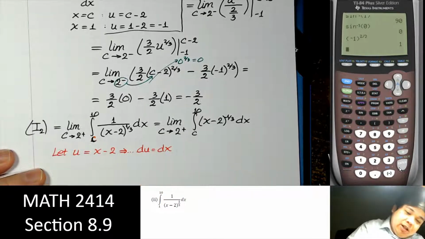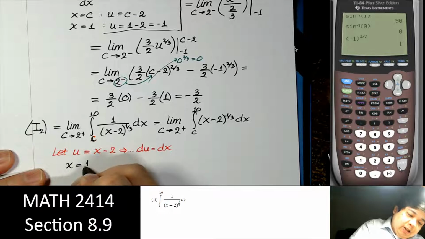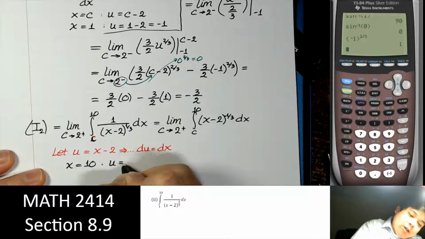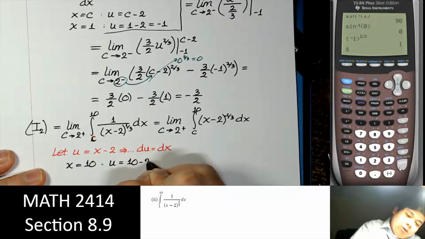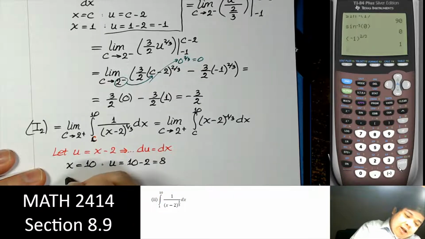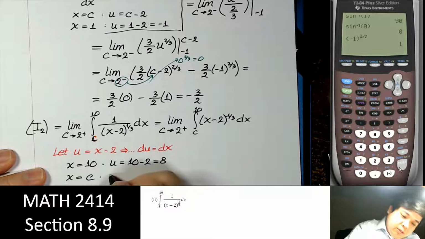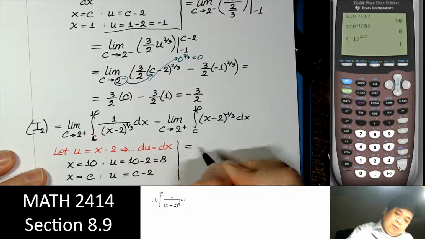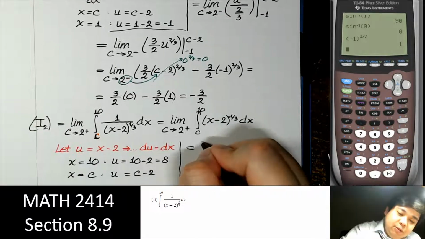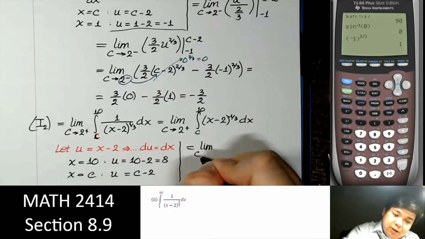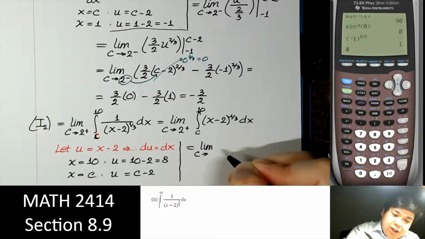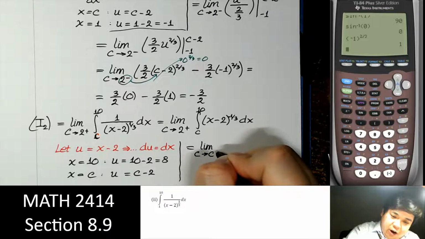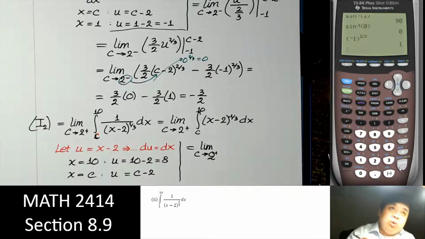Now changing the limits: x equal to 10, u is 10 minus 2, which is 8. x equal to c, u equal to c minus 2, with c going to 2 from the right side.